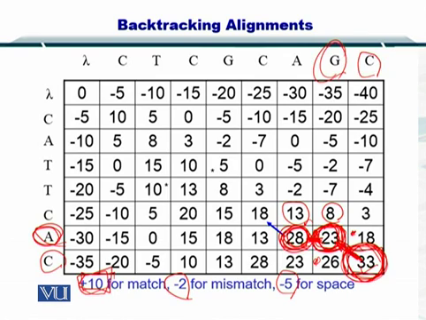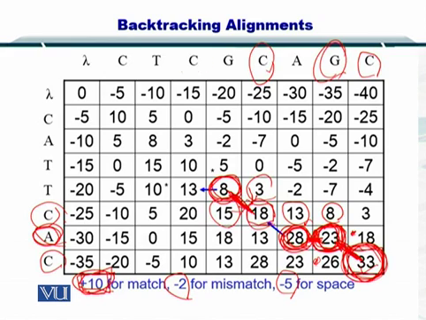Next, this C matches with this C. So the diagonal plus 10 is 18, and the top and the left positions did not give you this score. So 18 came from this 8, and therefore this traceback is selected as well.